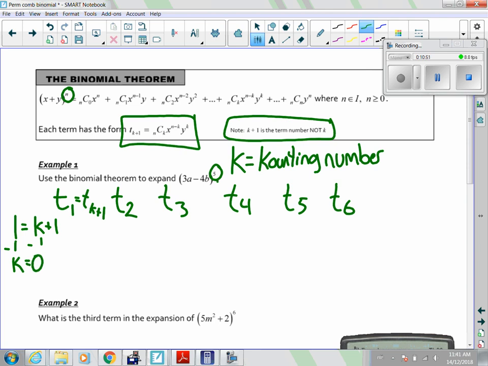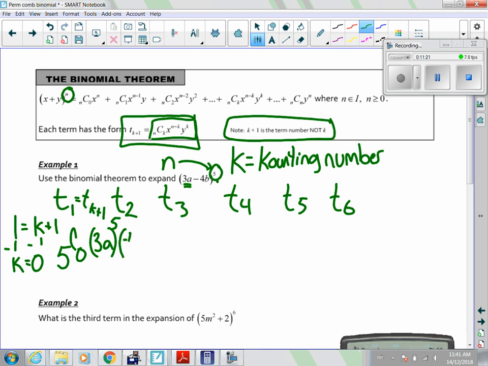We already know that the n is 5 because the question said so. So now I just go to the equation. nCk, so that's going to be 5C0, and then x to the n minus k. Except my x isn't just x, it's 3a. Does that make sense? Hopefully. That's going to be the 5 minus 0, which is just 5.